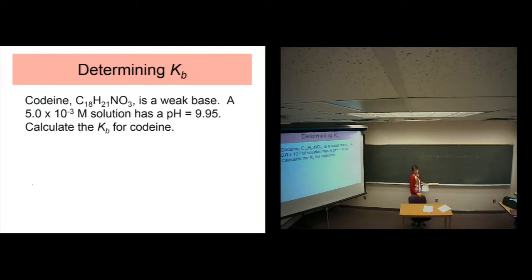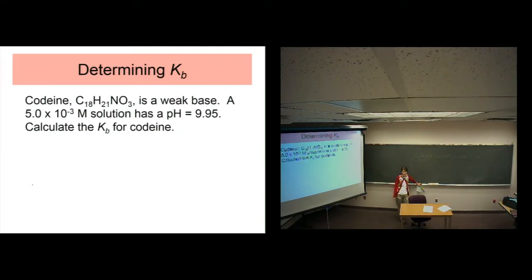Okay, I find the pOH. I subtracted the pH from 14 and I got the pOH. Now the concentration of the hydroxide ion, isn't it? Does everybody see how I would get the concentration of the hydroxide ion here?